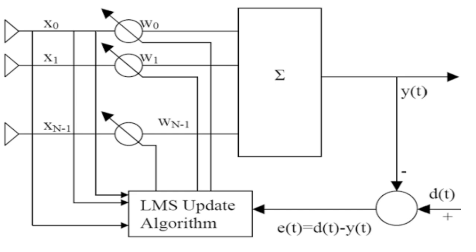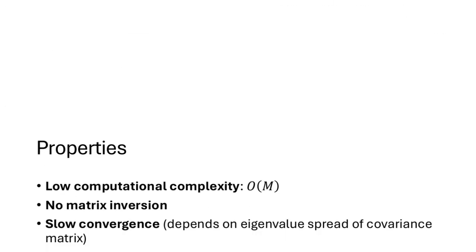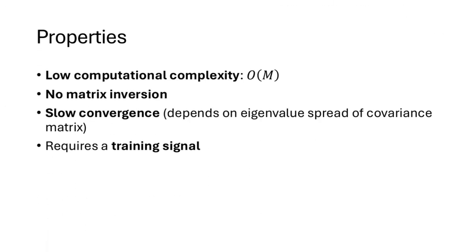Based on the weight function, it is automatically adjusted to generate our desired signal. And what are the properties of this LMS algorithm? The first is low computational complexity, which means we can easily compute it, with no matrix inversion.